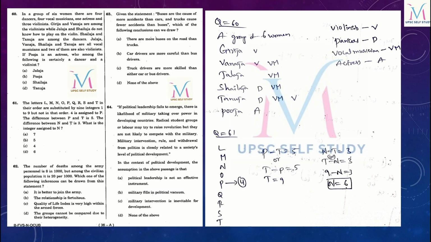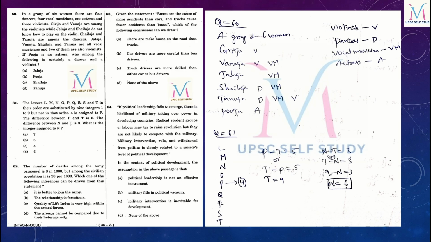Among 1000, 8 army people have died, it means expired. Coming to the civilians, among 1000, 20 people have died, expired. So which one of the following can be drawn from this statement?